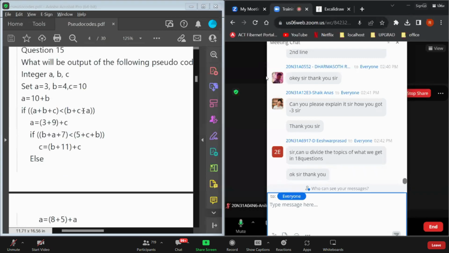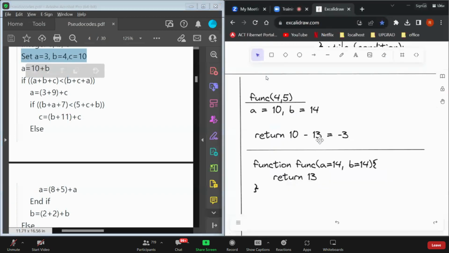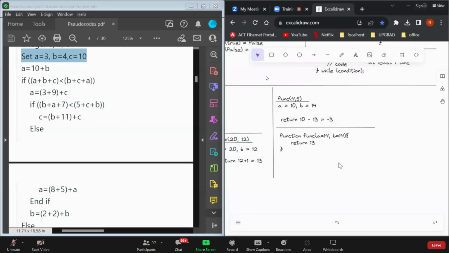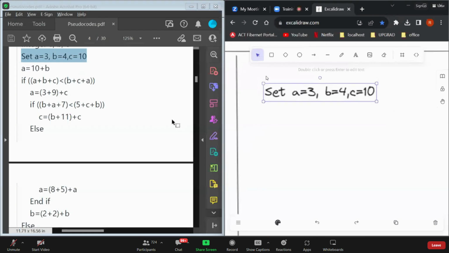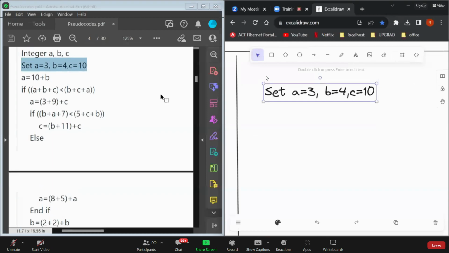Oh, it is kind of a lengthy question. No problem. Chalo. So see, next we have a equal to 3, b equal to 4, and c equal to 10.